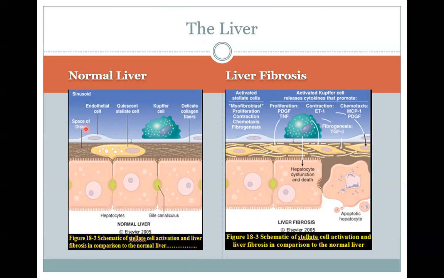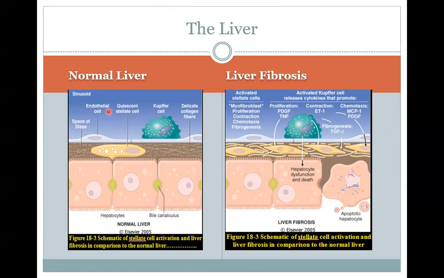All right, so you will see that a cell is going to act as the maestro of this process. In this case, it's going to be the Kupffer cells. The Kupffer cells are the ones that receive all kinds of signals: ischemic signals, metabolic signals, toxin signals, infectious signals, and it's going to respond in the same way pretty much.